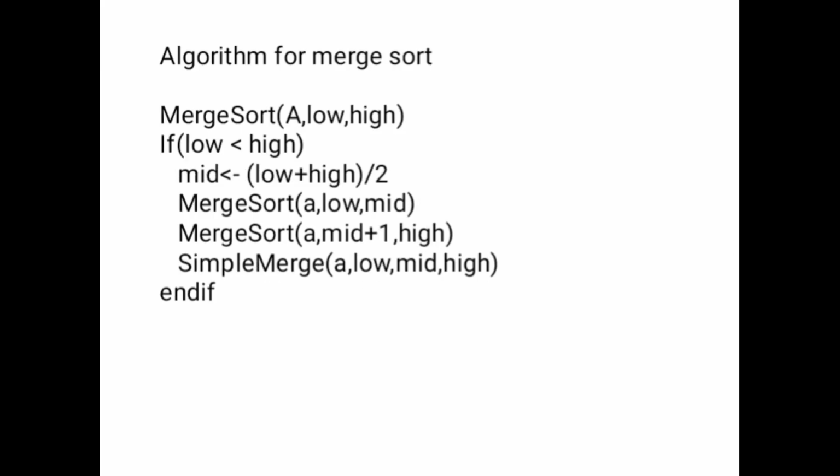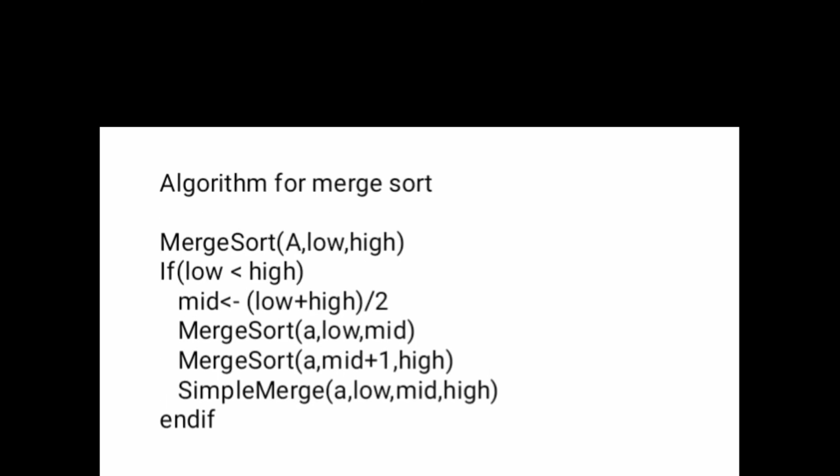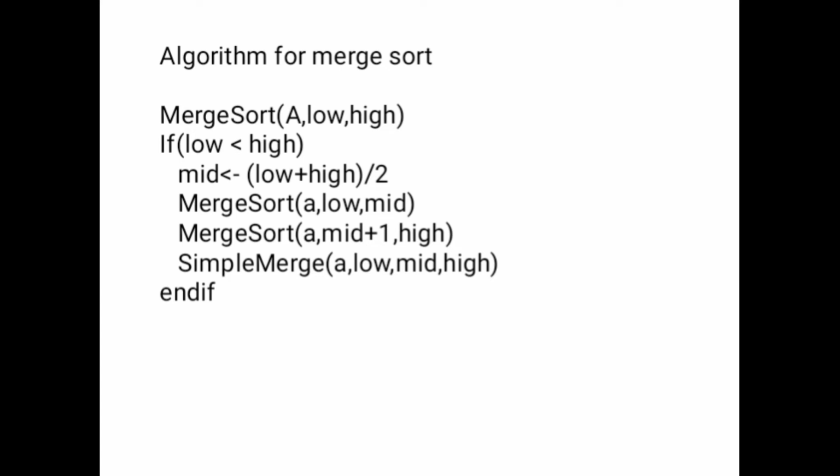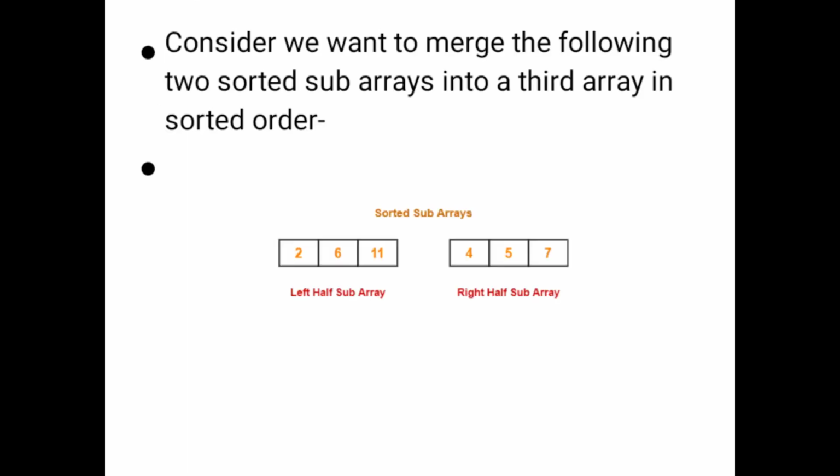After dividing the array into two subarrays, you are calling the function simple merge, which is used to merge the two subarrays. That is, sorted elements are merged into the single array using the simple merge function. Next we will see here.